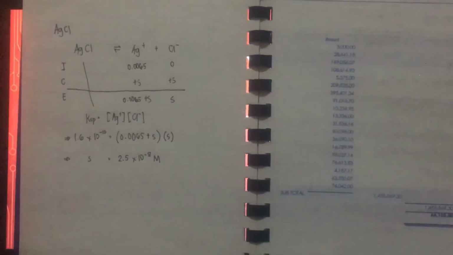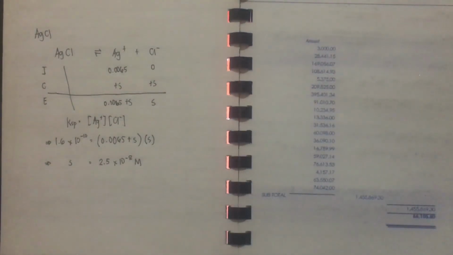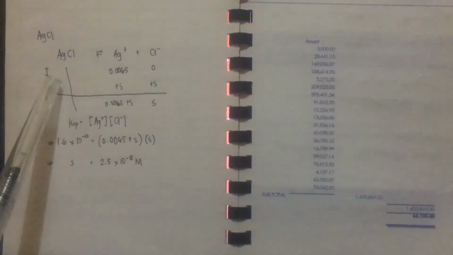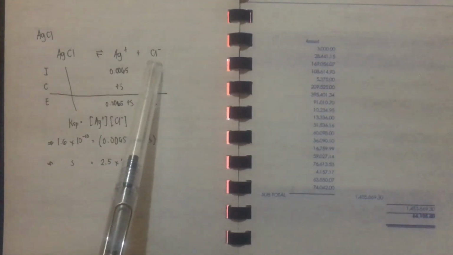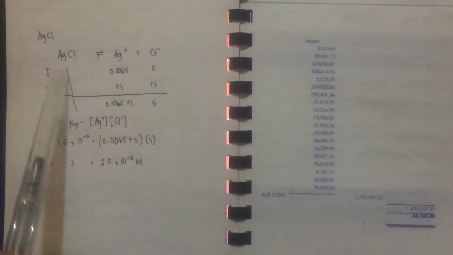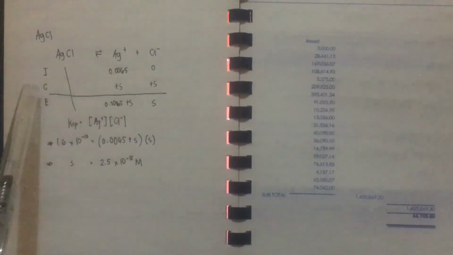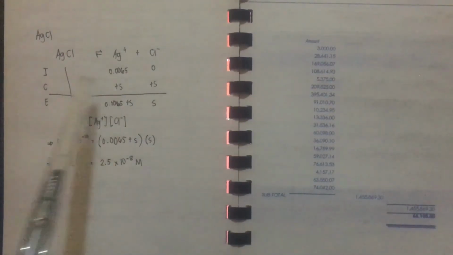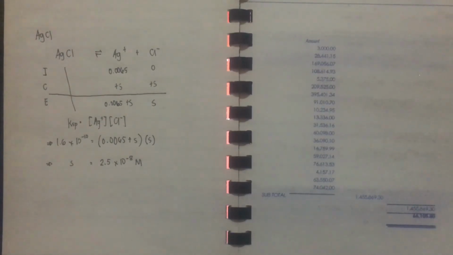Okay, so we have this solution. We have silver chloride, and this will give you silver ion and chloride ion. So we perform again the ICE table. On the ICE table, we have the initial concentration of silver ions, because the silver nitrate solution contains silver ions.